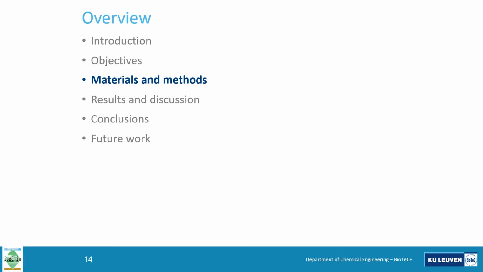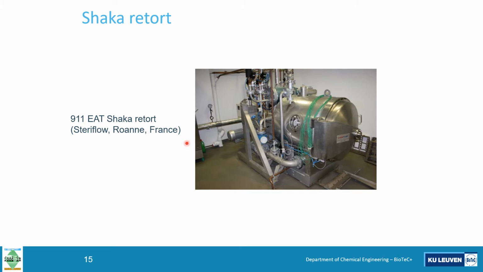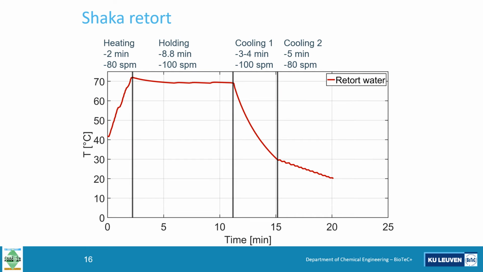Moving on to the materials and methods. Here is a picture of the used Shaka retort with its specifications. This is the process that we used. It consists of 4 phases, and in red is shown the retort water temperature. First, we have a short heating phase with 80 strokes per minute agitation.